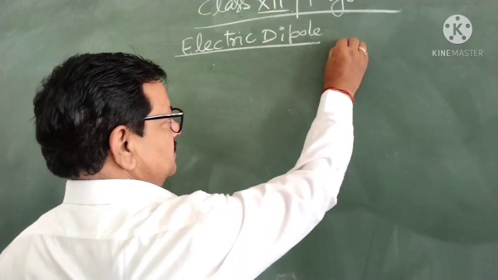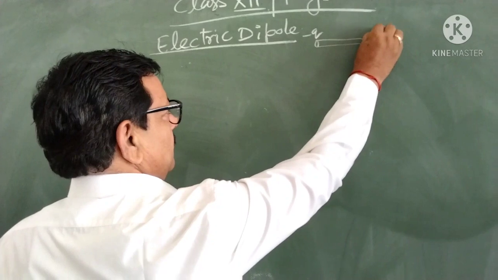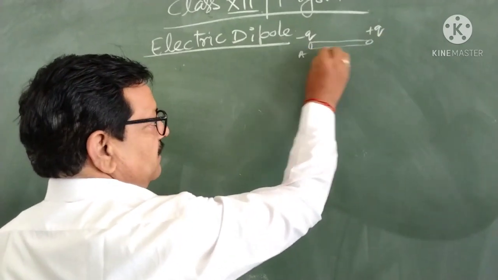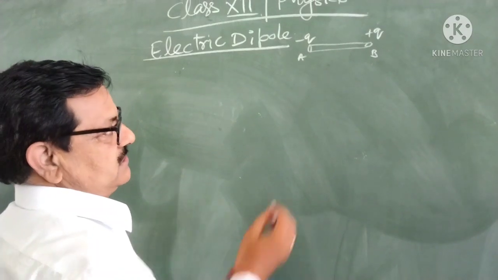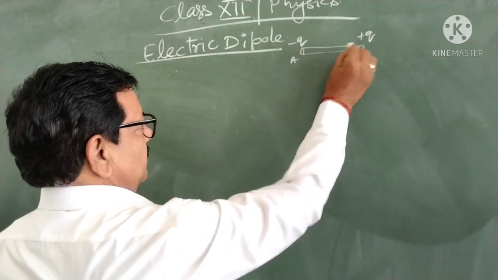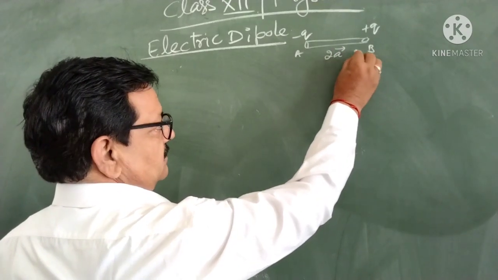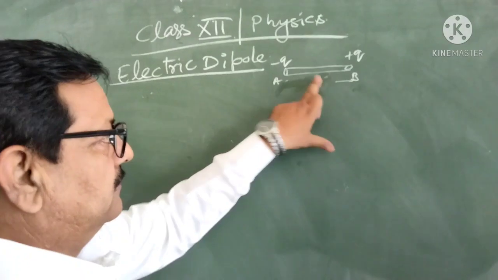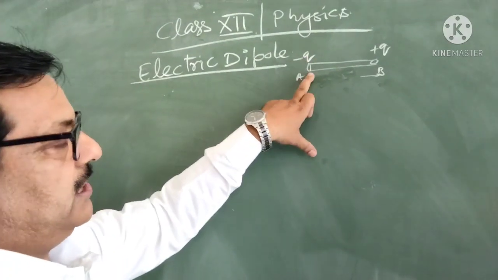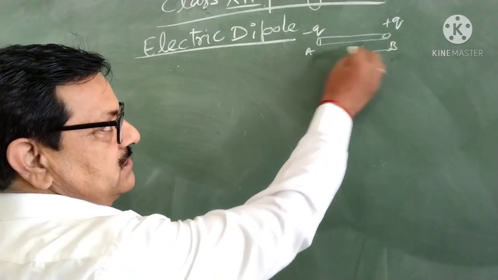A pair of equal and opposite charges separated by a small distance, minus q, plus q charges, and separation may be assumed as 2a. This is the separation between these two charges. Charge minus q, then plus q, separation 2a.